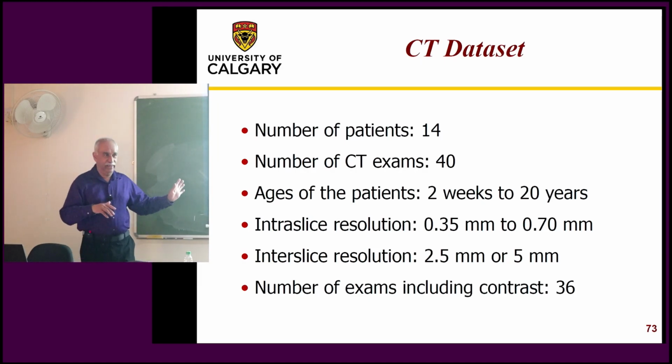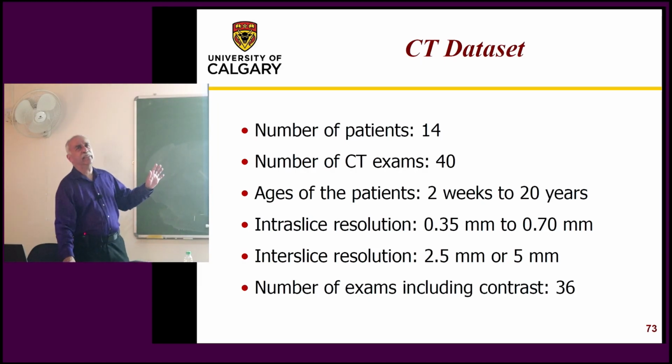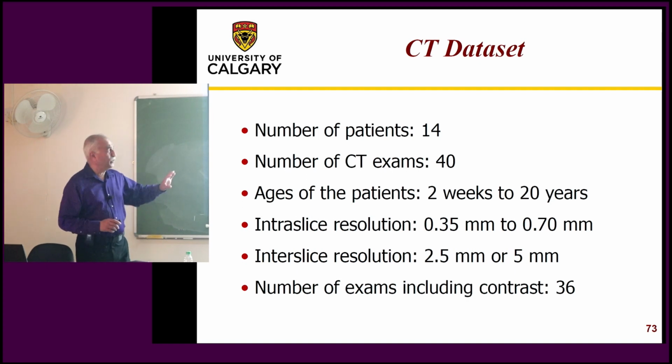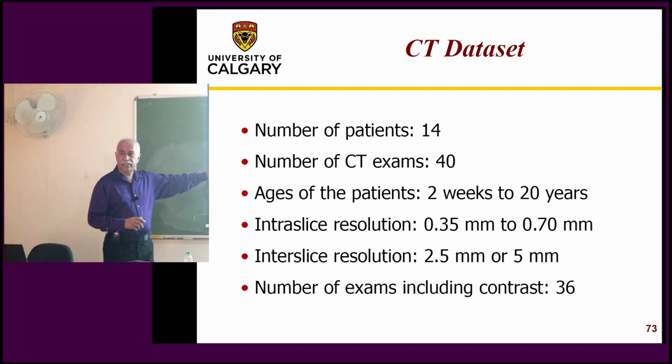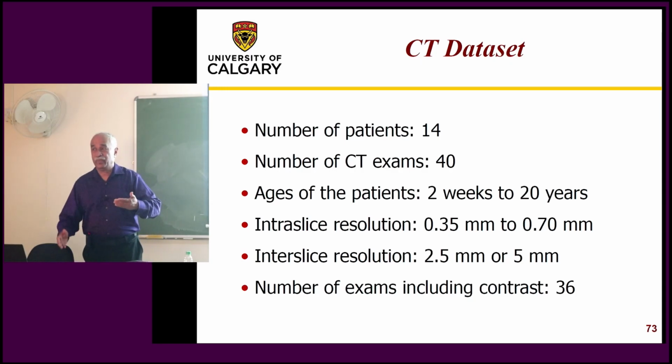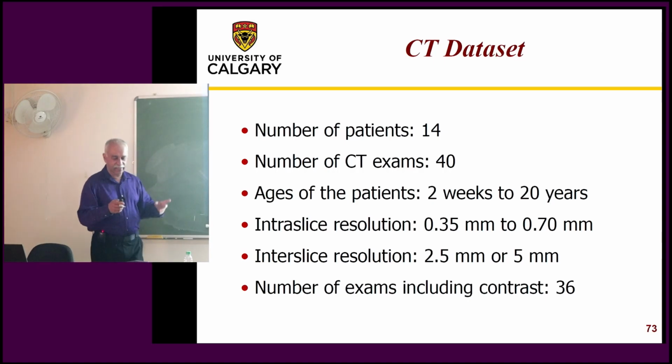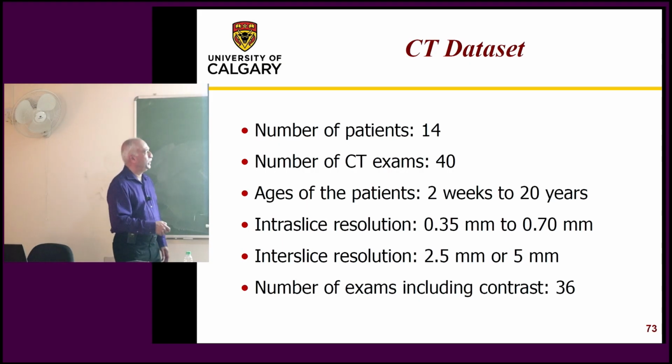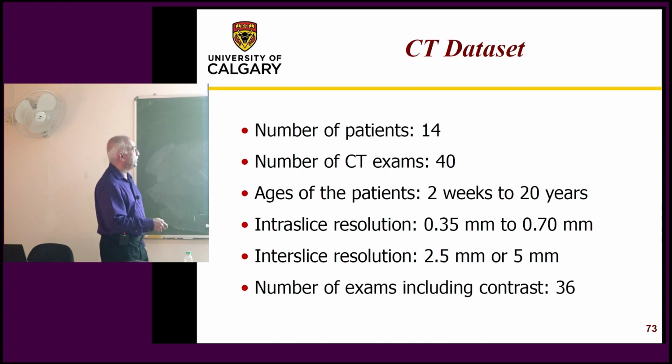I'm not sure if these CT images, which were obtained in about the year 2000, it's a little old, 25 years, but perhaps the resolution was limited in the CT scanners to this, or maybe there was better resolution available but at higher dose. And then with pediatric cases, considering the dose, the interslice resolution was either 2.5 millimeter or 5 millimeter, which is 10 times the intra-slice resolution, 0.35 to 0.7 millimeter.